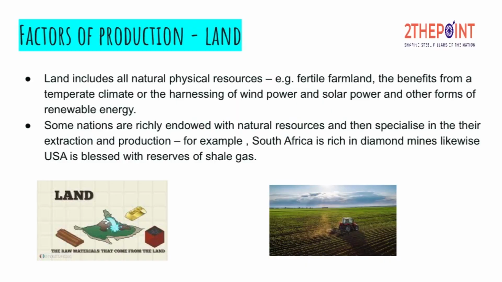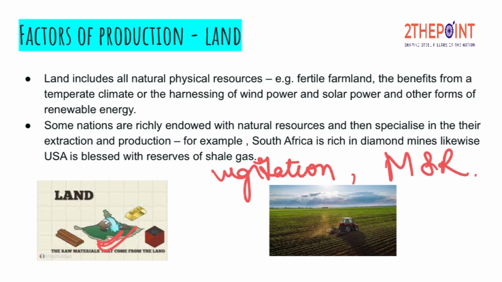So the first factor of production is land. Land forms the basic factor of production. Now here by land we do not mean the surface of the earth. It means anything which is given to us by nature. For example, it could be water resources, vegetation, minerals and resources, or say gas hydrates.